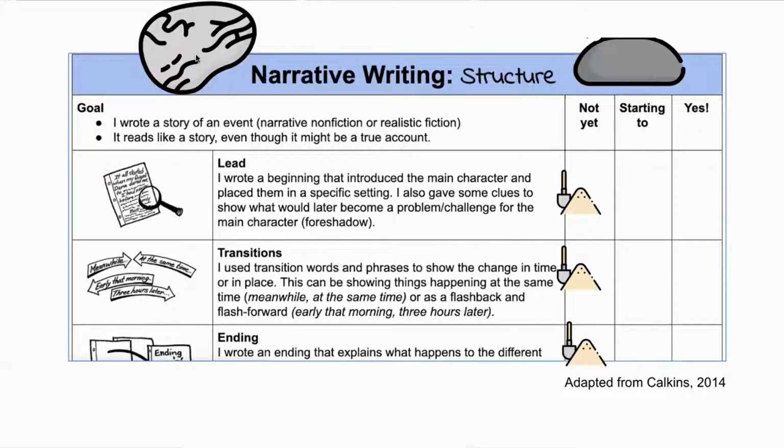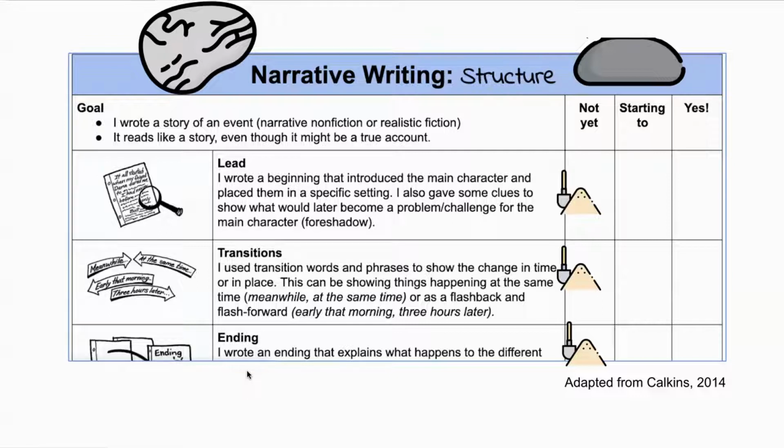So when we started planning, we didn't look at tomorrow's lesson. We didn't look at next week's lesson. We looked at, okay, what's the big assessment? And the assessment is the narrative writing. And what are the different parts of the narrative piece of text? It's structure, convention, and development. And then when we looked at the structure, we saw that the structure called for lead, transitions, and ending.